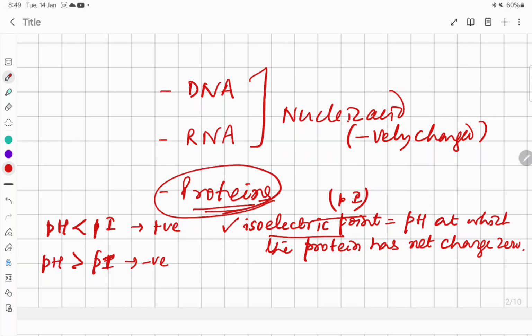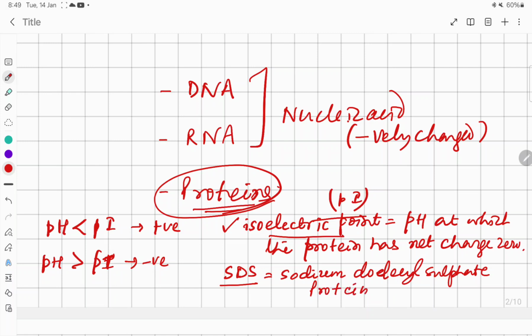So how will we separate proteins? For that we use a denaturing agent like SDS, sodium dodecyl sulfate, which makes the protein negatively charged.